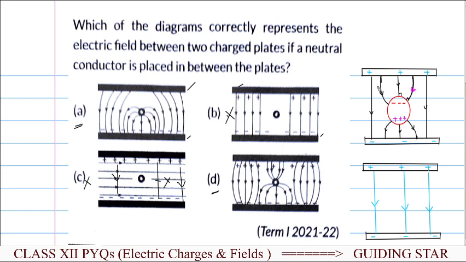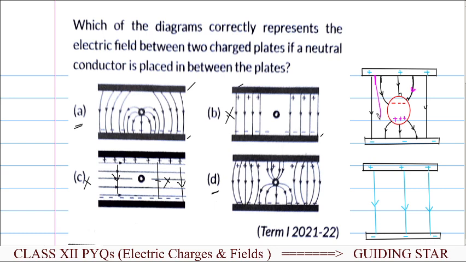Similarly, this field line when it comes is attracted due to the presence of induced negative charges, and again while exiting it goes to the negatively charged plate. Over here, this field line will be a little bit attracted, so it will not come straight, towards the negatively induced charges. And as soon as it finds the positive induced charges, it is again repelled.